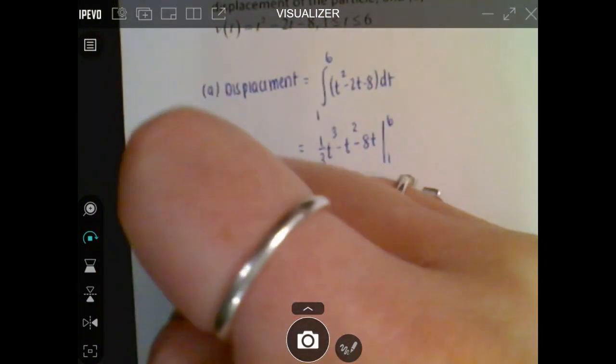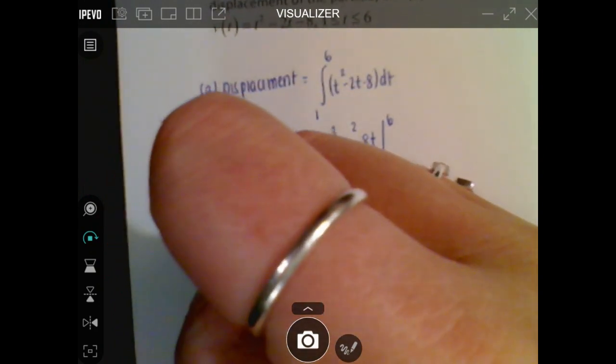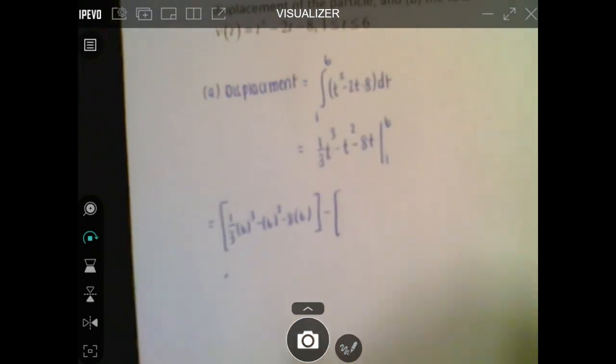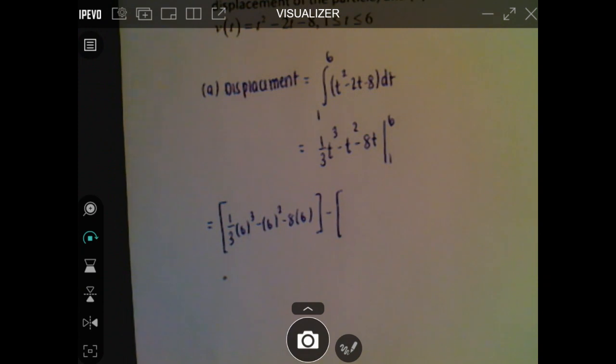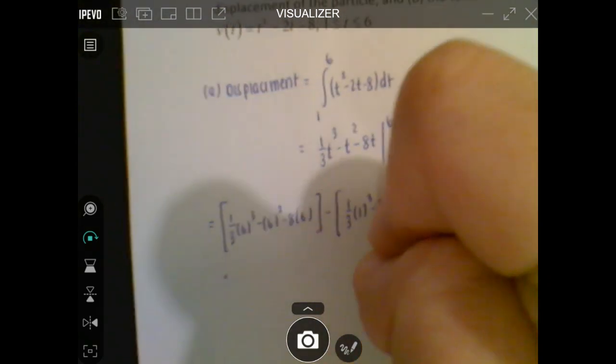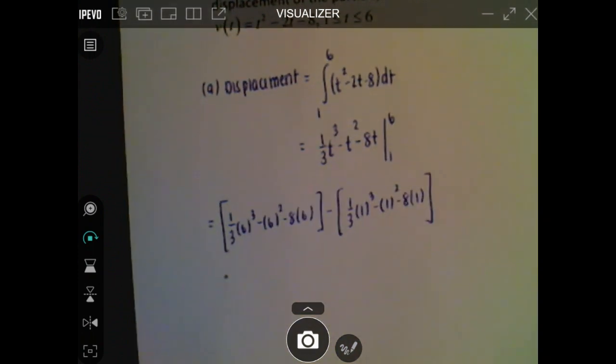So I'm going to take 1/3 times 6 cubed minus 6 squared minus 8 times 6, and subtract that evaluated at 1: 1/3 times 1 cubed minus 1 squared minus 8 times 1. And then from there, it's just a matter of simplification.